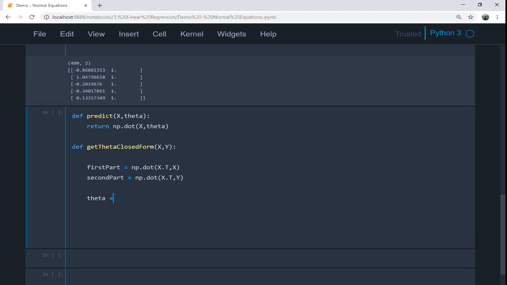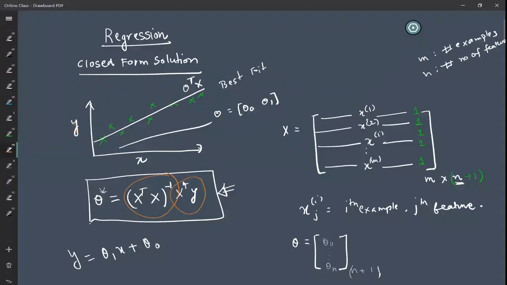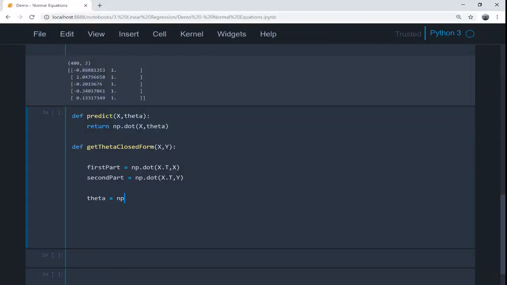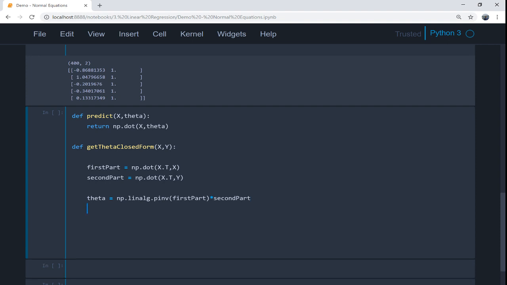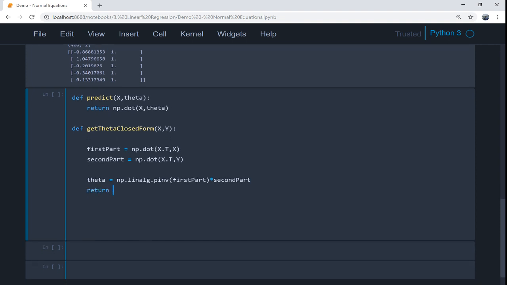And your theta is going to be a dot product between the inverse of the first part and the second part, right? So to compute inverse, I'm using the pseudo inverse method which is available in the np.linalg module. So it is called pinv, and you take the inverse of the first part and you multiply it with the second part, right? And just return theta, right?